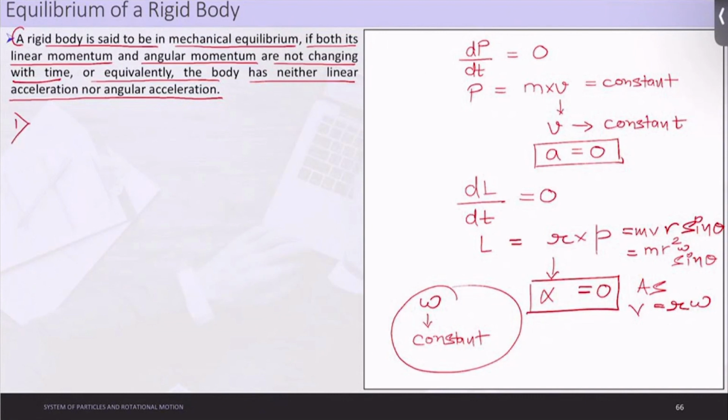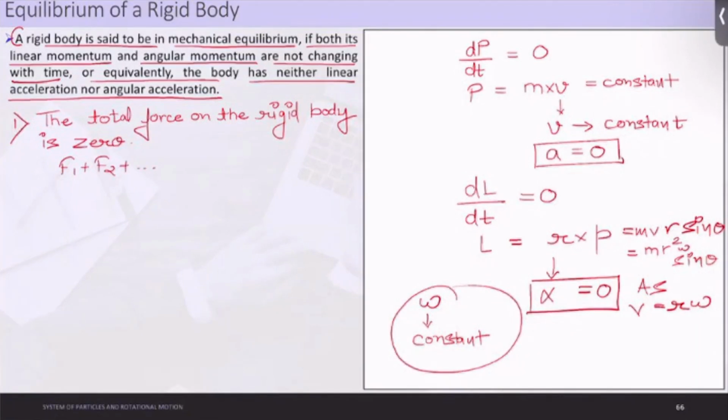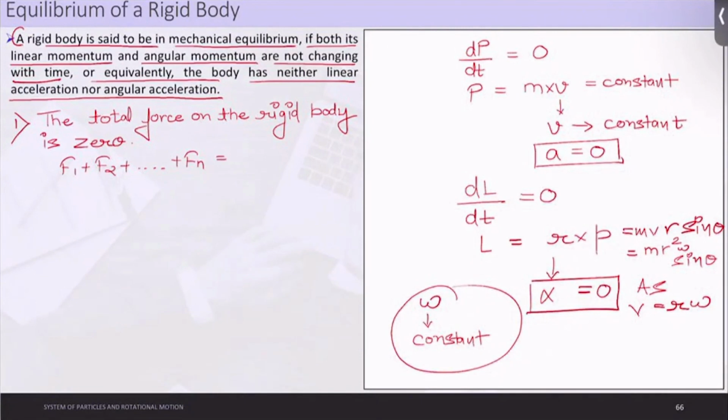The first point is that the total force on the rigid body is zero. That means F1 plus F2 and so on till Fn, which is the summation of Fi, i from 1 to n, is equal to 0.